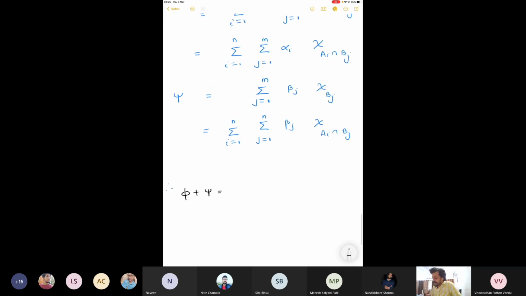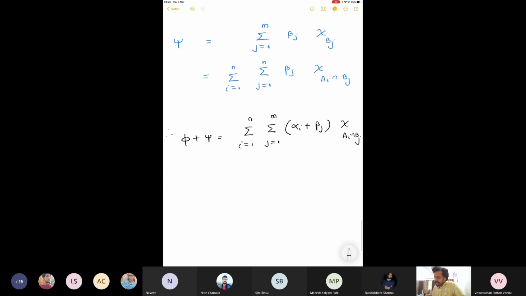Therefore, phi plus psi. Now you can sum these two. Summation i equals 1 to n, summation j equals 1 to m, alpha i plus beta j times chi A_i intersection B_j.